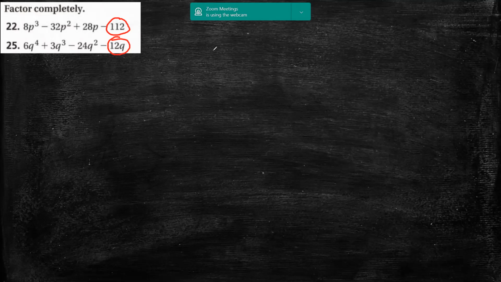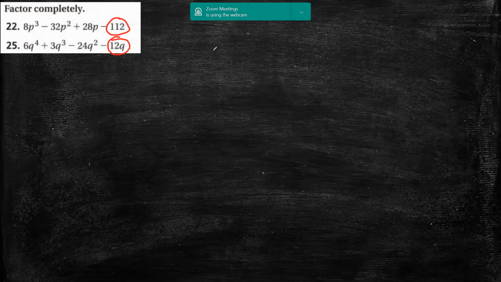So before we divide them into two pairs, we have a step that we must do first: we have to find the greatest common factor of all the terms. So before grouping them into two pairs, we must find the GCF for all of the terms.